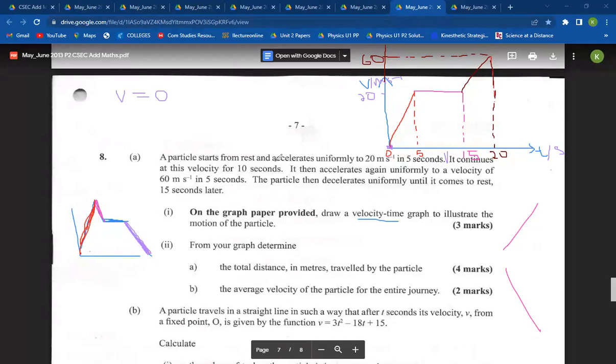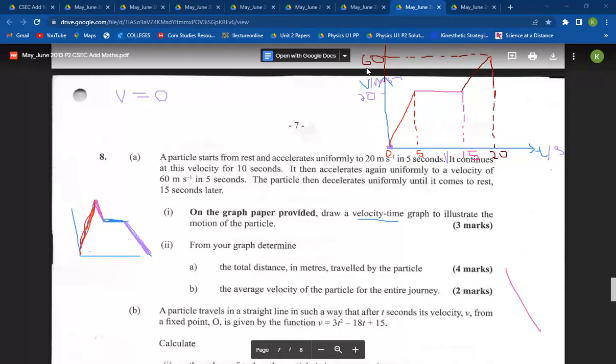But there's another phase. The particle then decelerates uniformly until it comes to rest 15 seconds later. Decelerate, that's a negative acceleration, right? Negative acceleration means that my gradient has to be negative. What does that look like? If the gradient is negative, I know it's a straight line, right? Because they said uniformly.